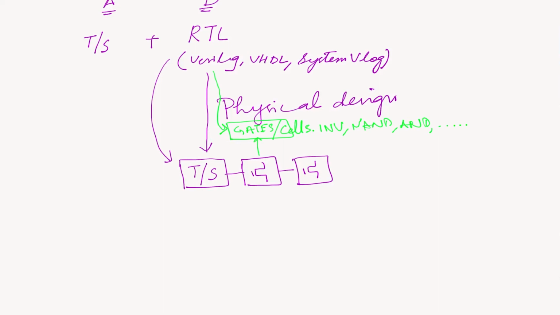So that's why I started with these gates, inverter and NAND, and it's important to understand the structure of those, because as a physical design engineer, you will be working with tools that are going to optimize the placement, interconnection, and routing of all these gates. Your RTL will be converted into gates.